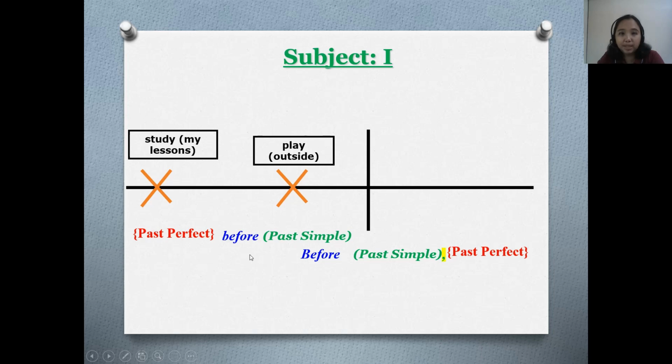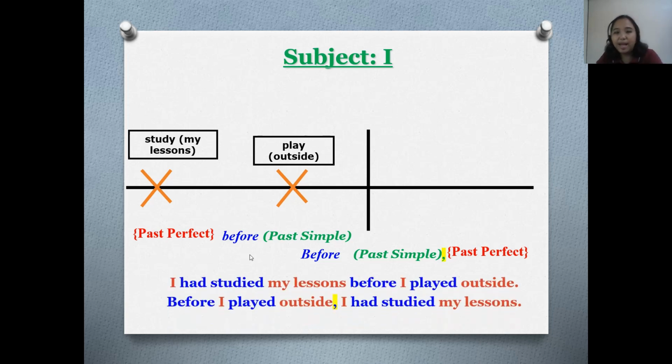You can pause this video and try to write your own sentence and press play again after you have written your answer. The correct answer is I had studied my lessons before I played outside. Before I played outside, I had studied my lessons.